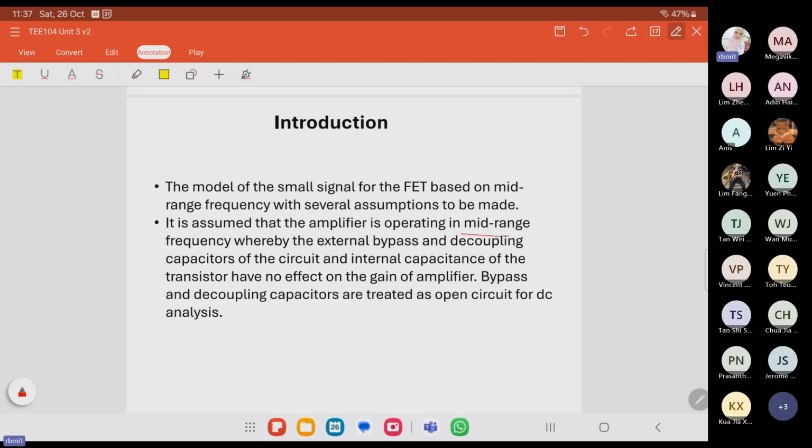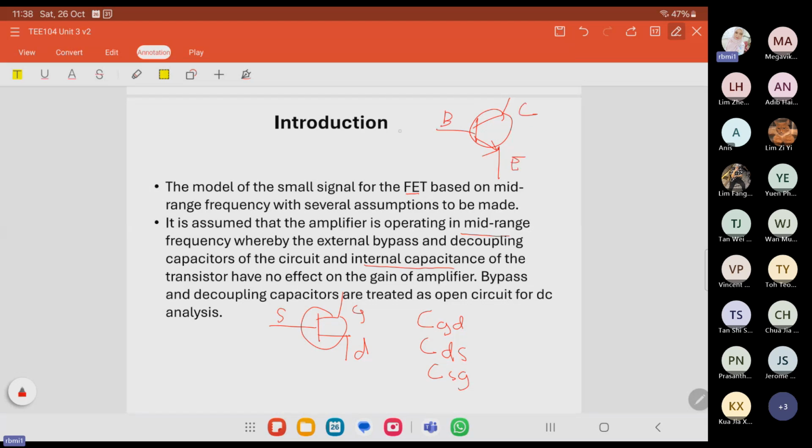Okay, the internal capacitance actually depends on the type of transistor that we use. If we use the FET, this is for FET, gate, source, and the drain. So we have the CGD, we have the CDS, and the CSG. Okay, so this is the internal capacitance. If we use the BJT, I hope that you can still remember, base, collector, and emitter.